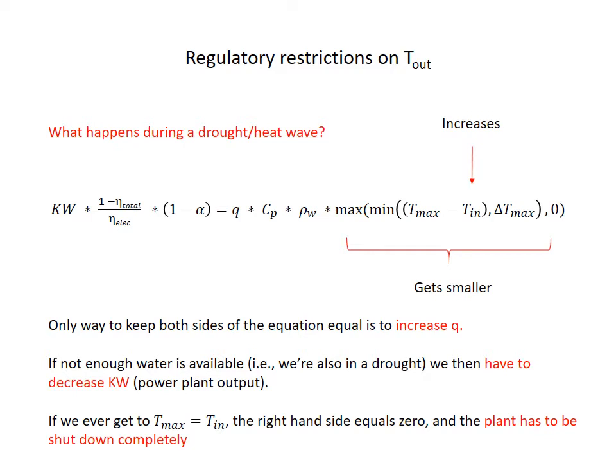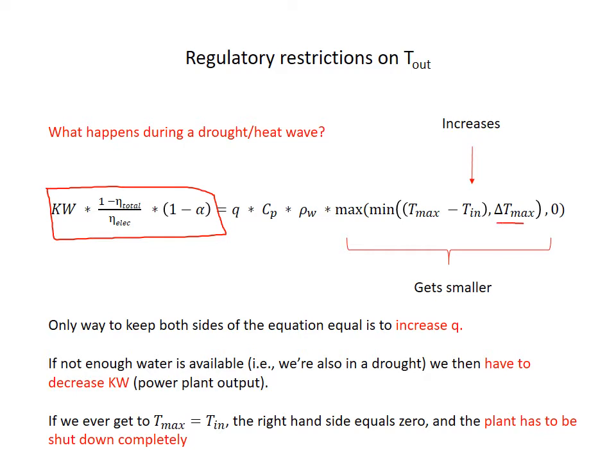So let's think about what happens during a drought or a heat wave. We have this same equation here where this is the amount of heat we need to be absorbed by the cooling water system, and whatever happens on the right-hand side, we need it to equal what's on the left-hand side. So in a drought during a heat wave, you're concerned about two things, right?